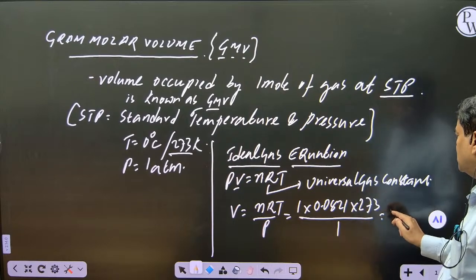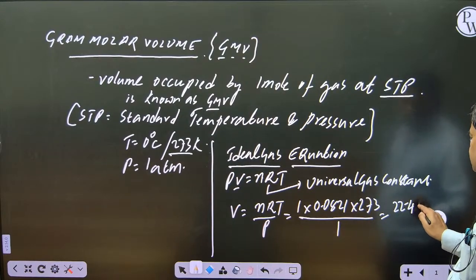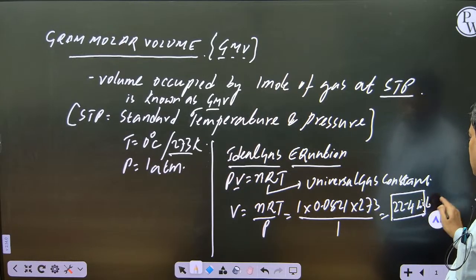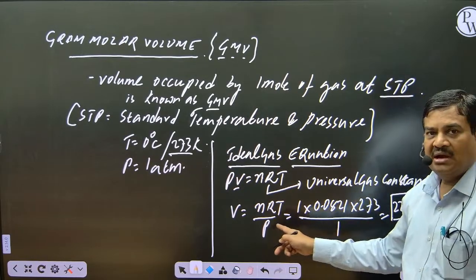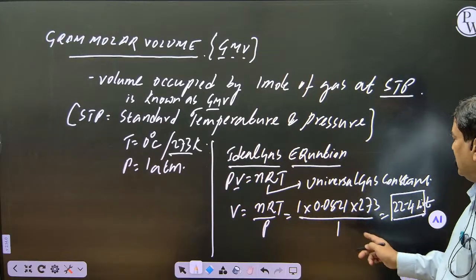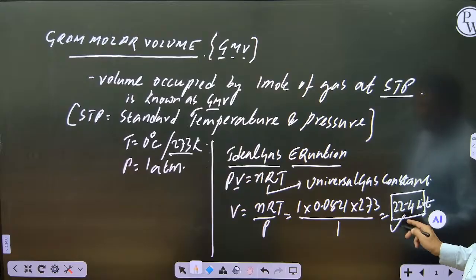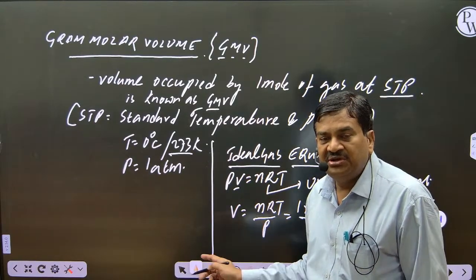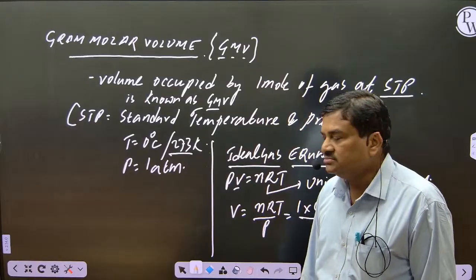On simplifying, this comes to 22.4 liters. And this volume we call gram molar volume. That means 1 mole of any gas occupies 22.4 liters. If you convert in milliliter, it comes to 22,400 milliliter.